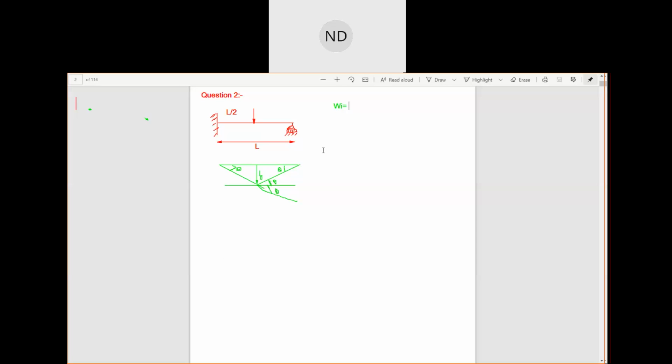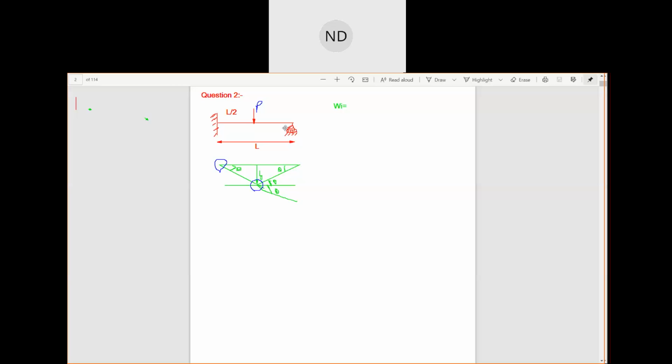So here in this particular figure, how many plastic hinges are there? This is the fixed support here, so we will have a plastic hinge, and this is a point load which is your P. Under this also we have the deflection, so here also you have a plastic hinge.